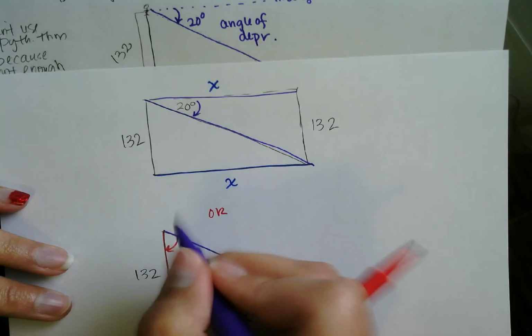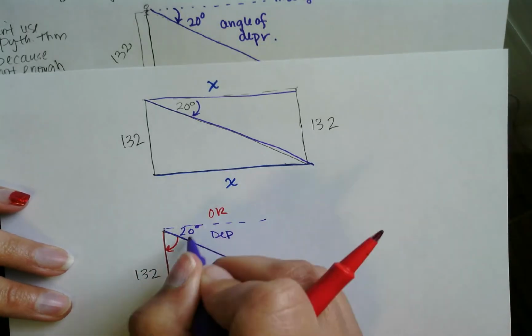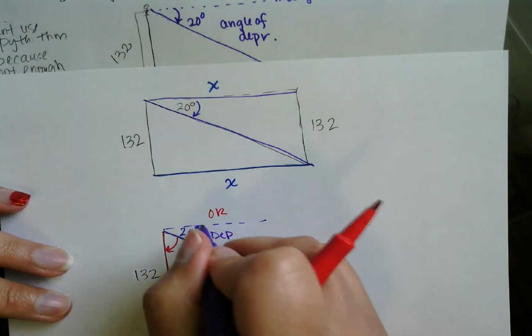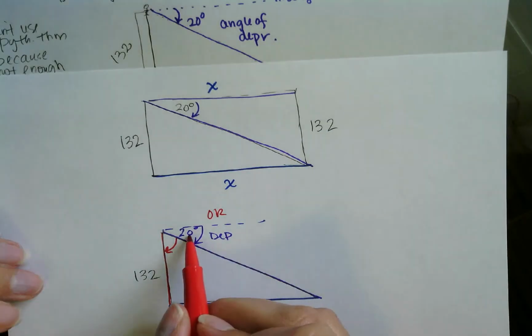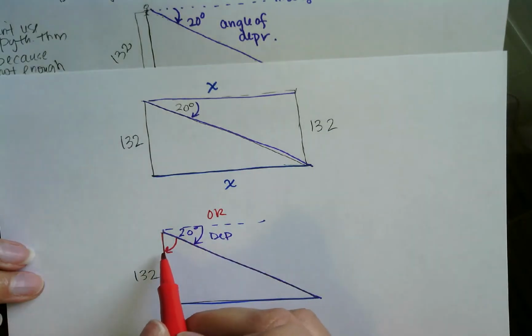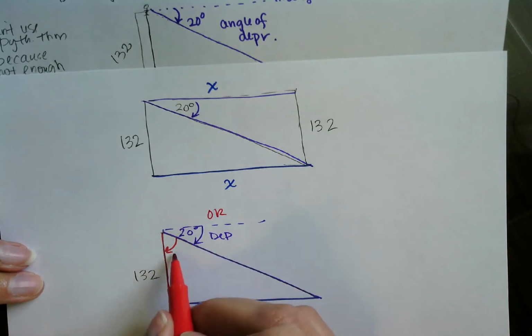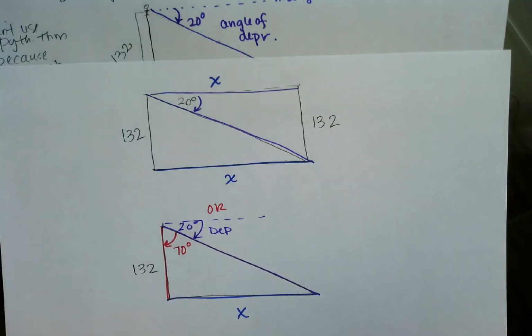If this is 20 degrees from our angle of depression, what would the red angle be? Somebody would say, Sam, if you take your 20 degrees plus the red angle, that should equal 90 degrees because it's a rectangle. So this has got to be 70 degrees. So you can actually find that other angle.